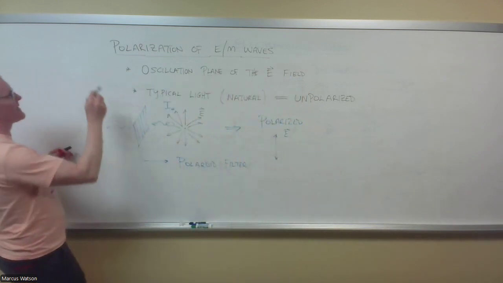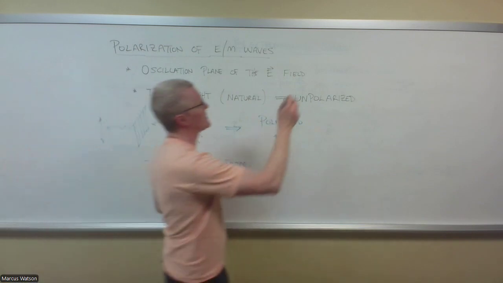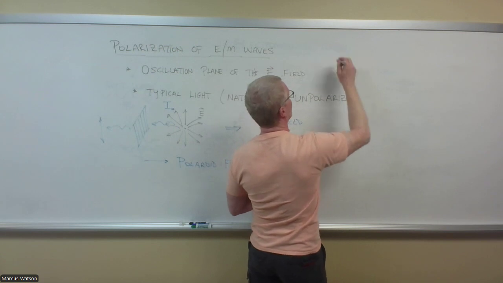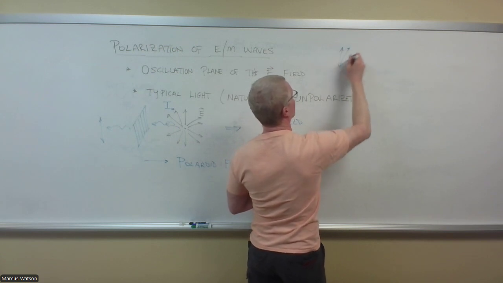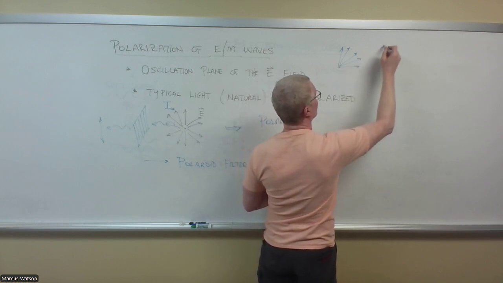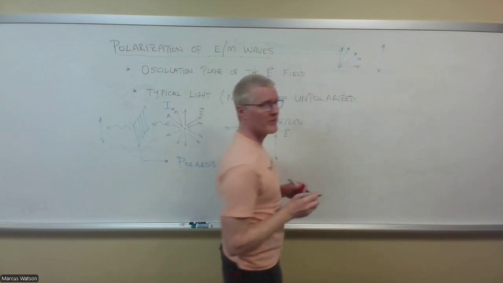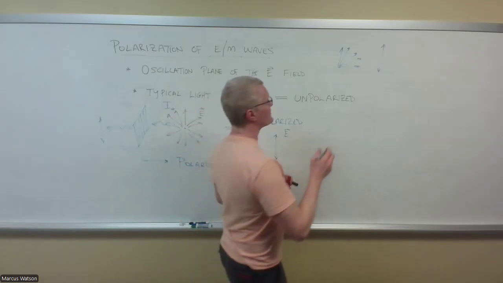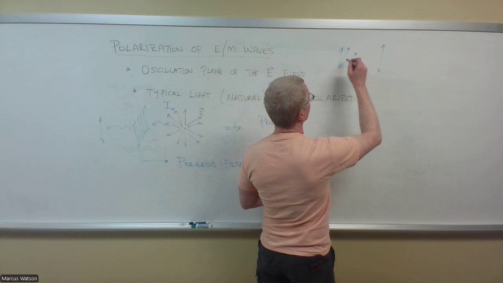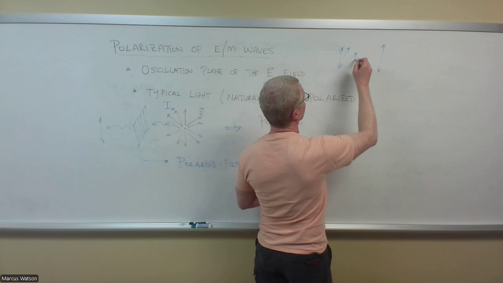If I think of the situation in which I have a whole bunch of vectors, and I want to pick out only the parts that are going to be up and down, you can think of it like this, right?